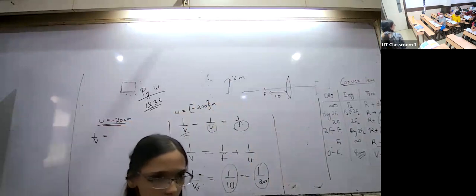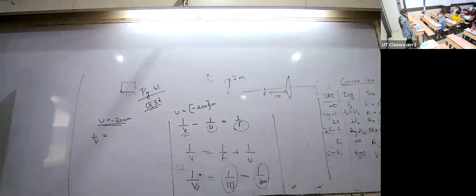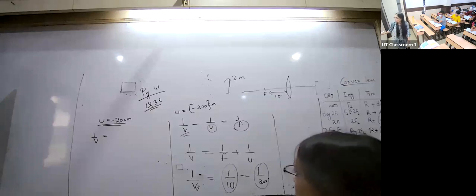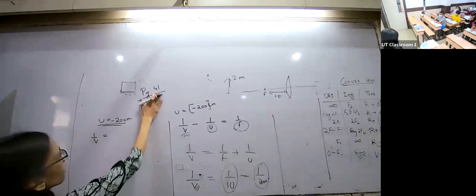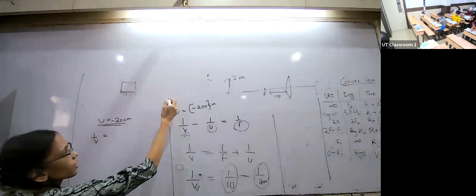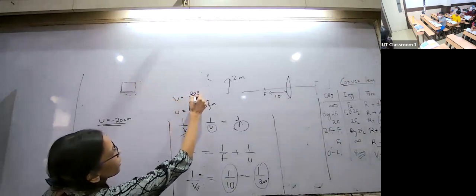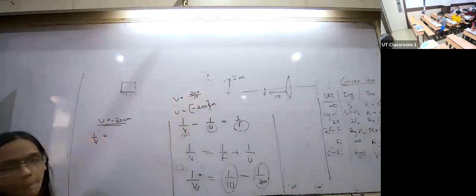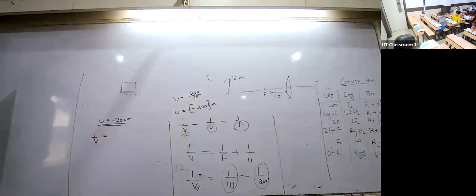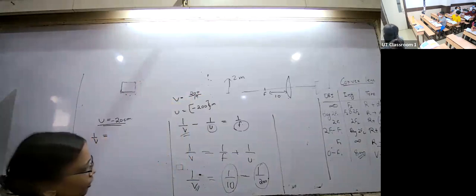The first one is 200 divided by 190. So what is v? 200 divided by 21. All right, we'll do it together.